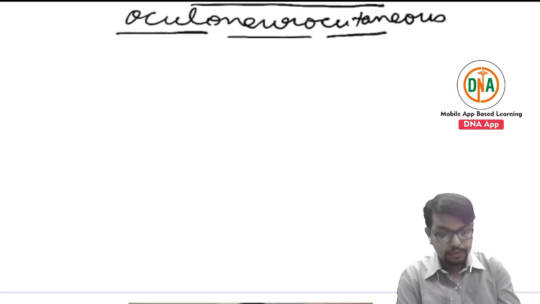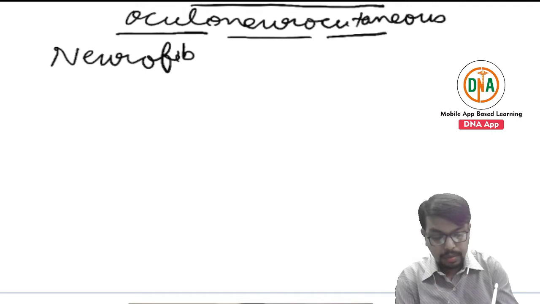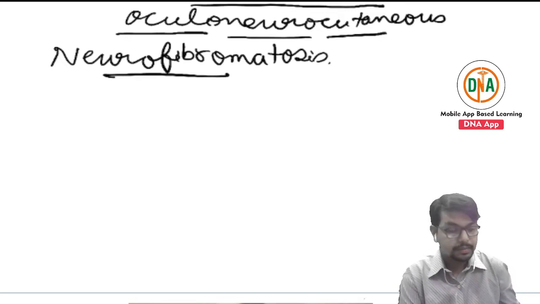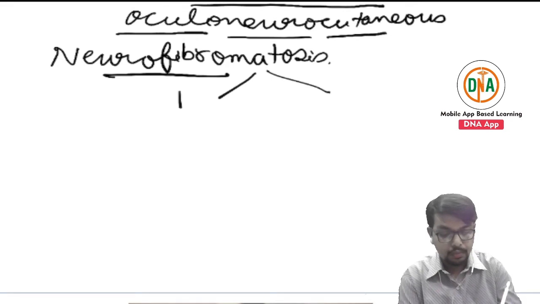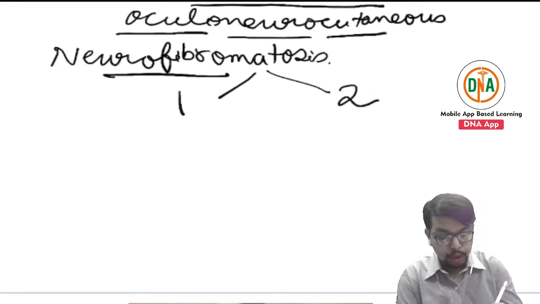So first we will discuss the very common entity, neurofibromatosis. There are two types of neurofibromatosis, type 1 and type 2.